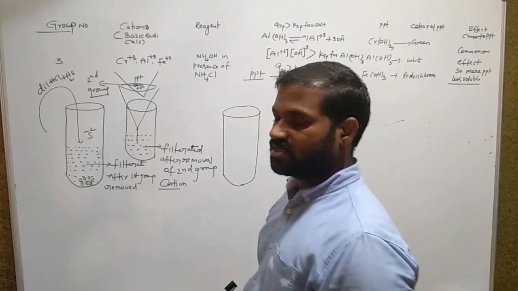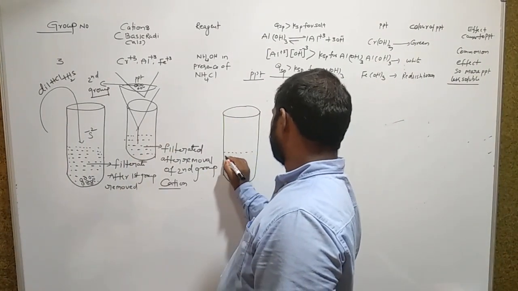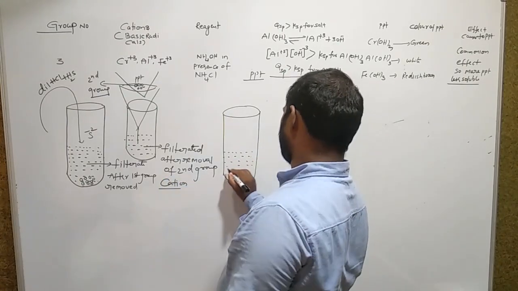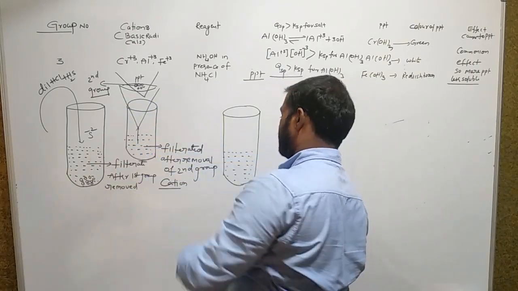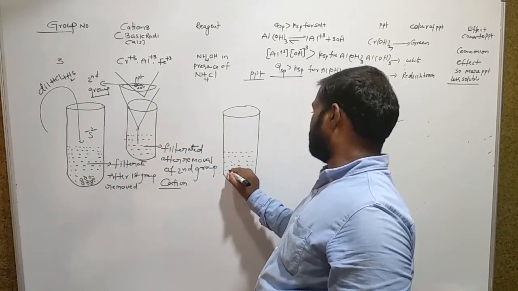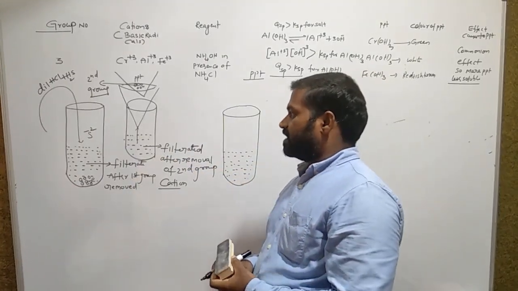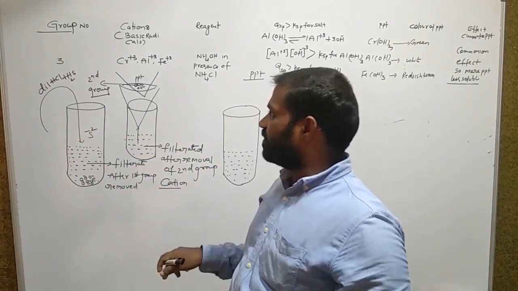Third group cations. Now this is the filtrate. This filtrate is from the second group. After second group analysis, the second group cation is removed, then this filtrate. This is the filtrate we consider. But here we add H2S and dilute HCl, am I right?